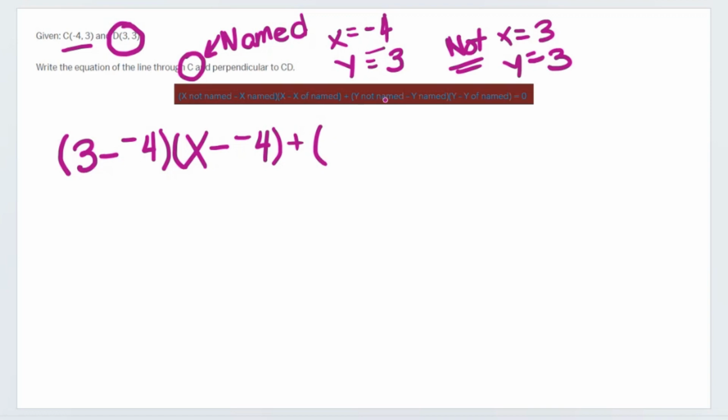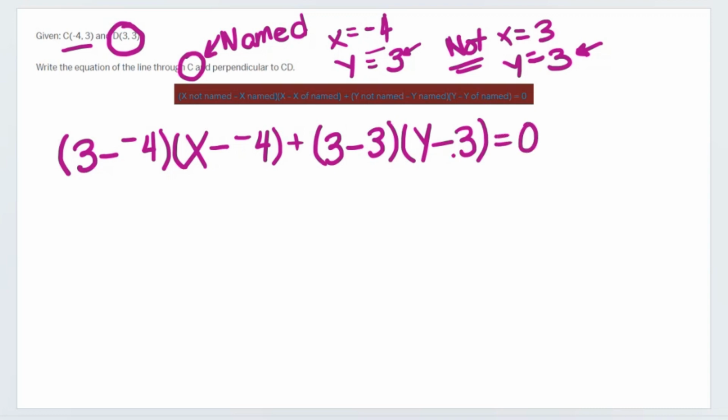The y of the not named, the not named is right here, that's 3. Minus the y from the named, it's here, that's 3. And we have y minus the y of the named point. That's again, +3 equals 0.